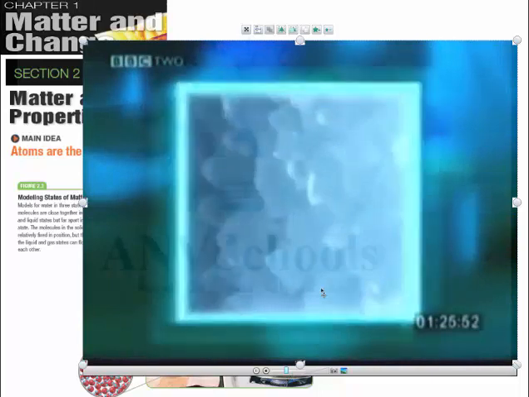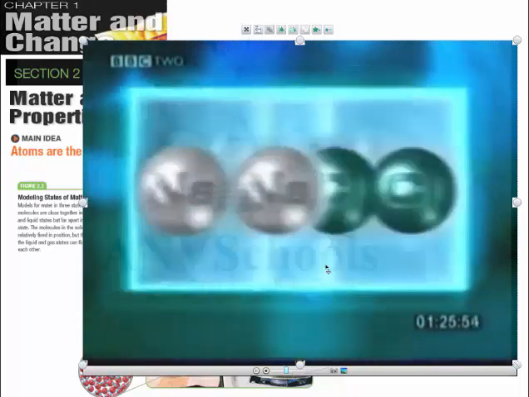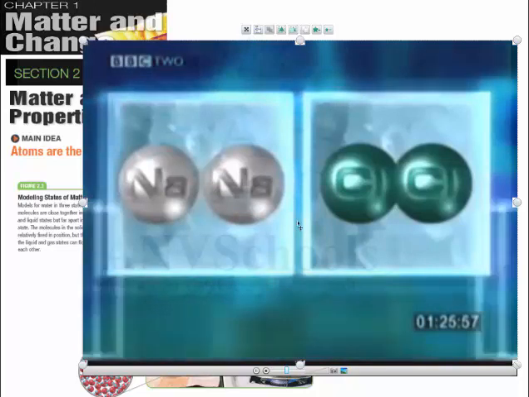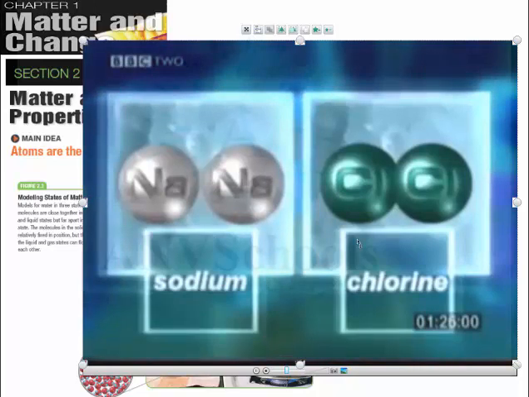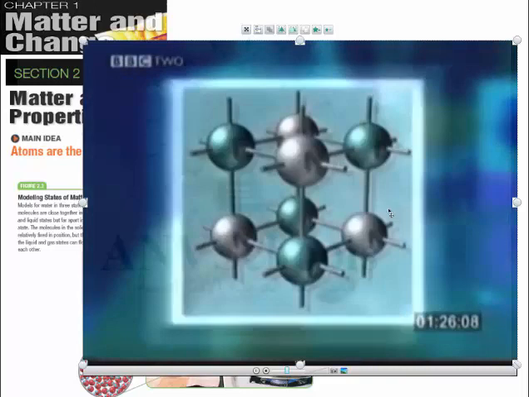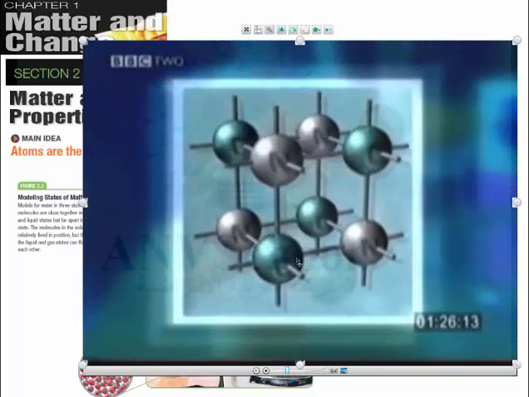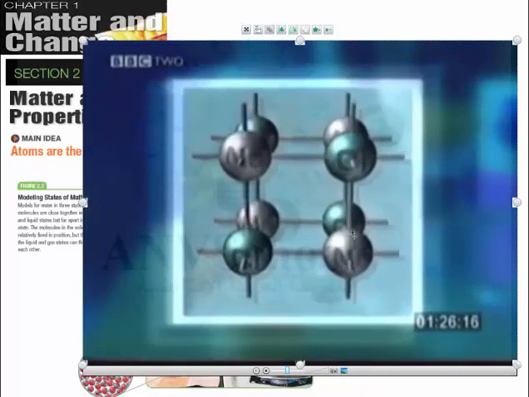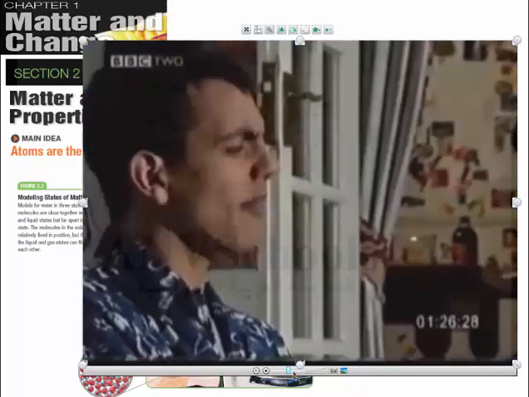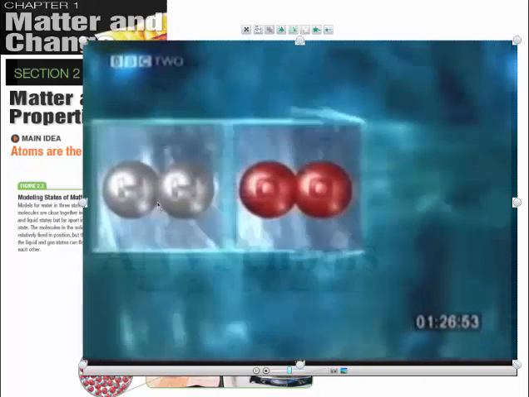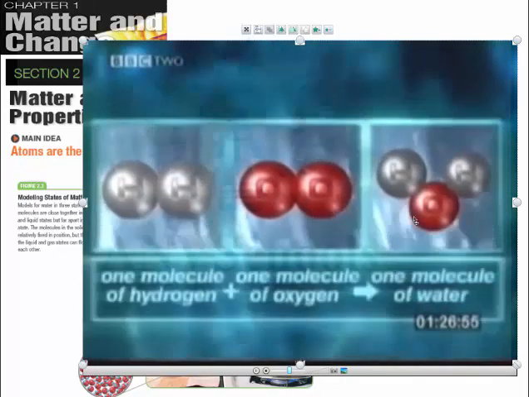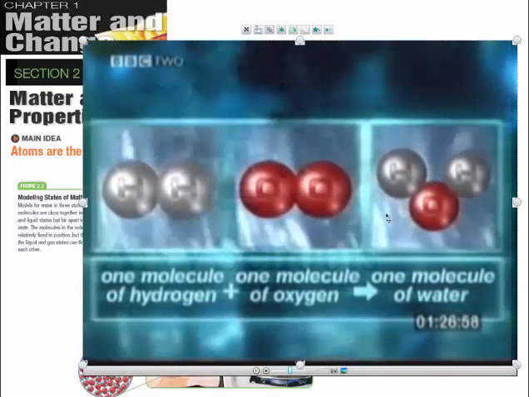Then you have another example. This is sodium chloride. This one is now a compound because it is made of elements of sodium and elements of chlorine coming together. They form what we are calling sodium chloride. Sodium chloride is a compound. Then we have another example: hydrogen, hydrogen, oxygen.